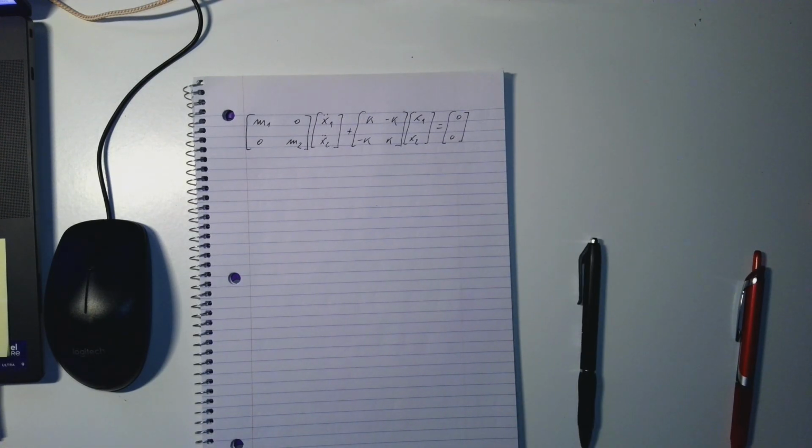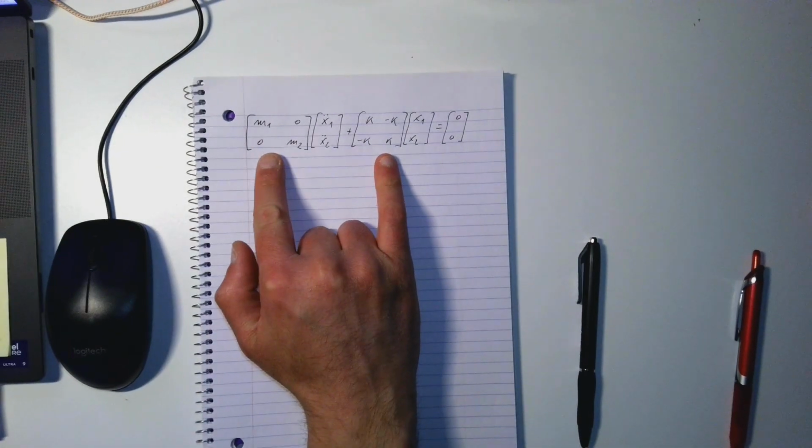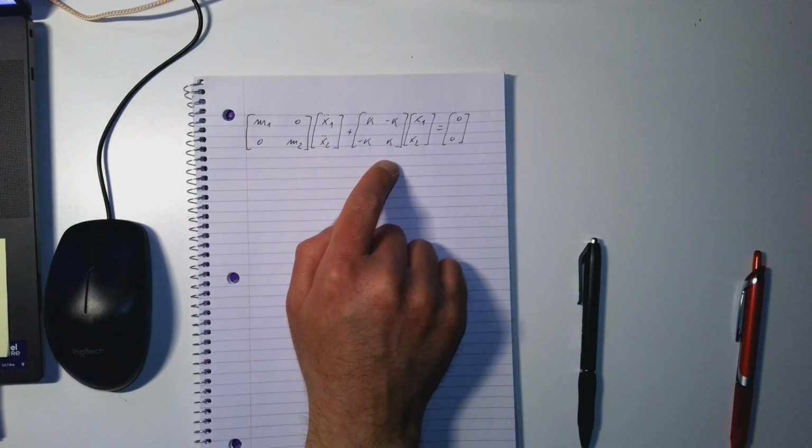So if you remember last time we said, okay, once we write the equations of motion in matrix form, there is one thing that we need to check to make sure we are on the right track. Do you remember what we have to check? We have to check the symmetry, so we have to look at these two matrices and make sure that they are symmetric.